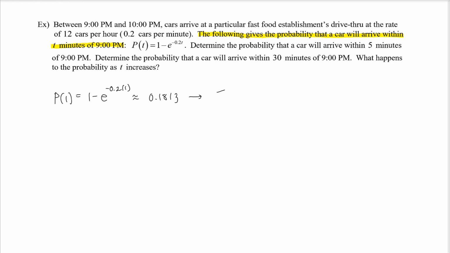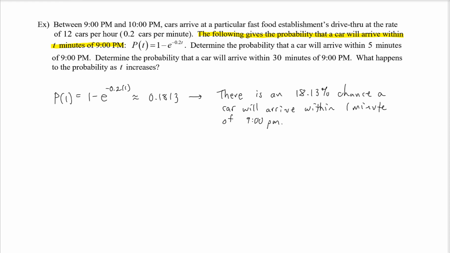This is telling me that there is an 18.13% chance a car will arrive within 1 minute of 9 p.m. So I guess another way to think of it is there's an 18.13% chance a car will show up in the drive-through between 9 and 9:01.